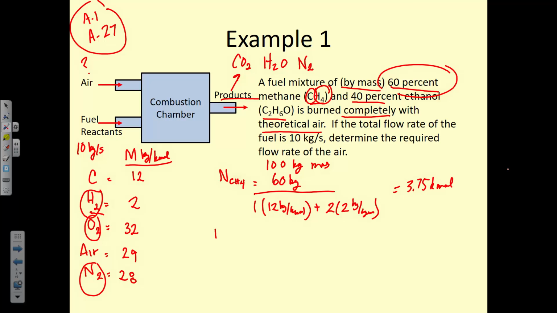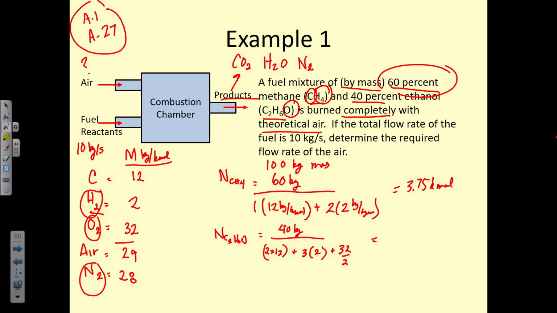And then we do the same thing for C2H6O, where it's 40 kilograms divided by 2 times 12, so that's our carbon, plus 3 times 2, which is our hydrogen, plus 32 over 2, because this is a single oxygen, whereas that's O2.